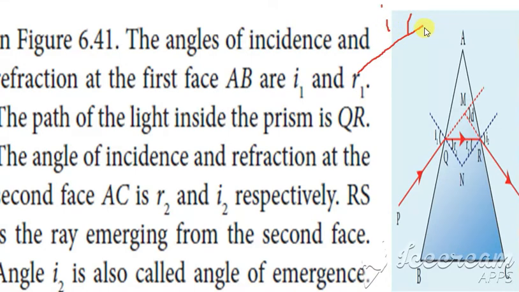And here we have the angle of emergence, that is I2, and this is I1. If you extend both, the point where they join, the angle formed there is the angle of deviation. The extended incident and emergent rays form the angle of deviation.